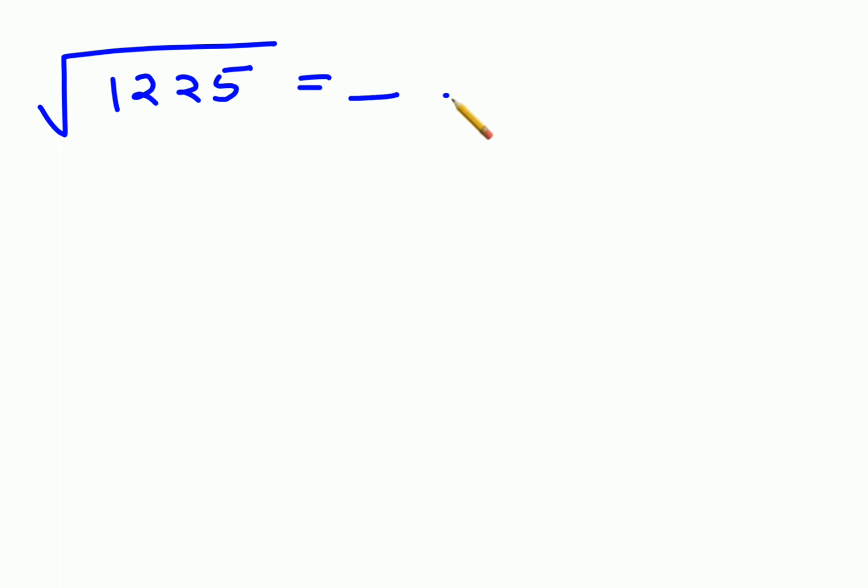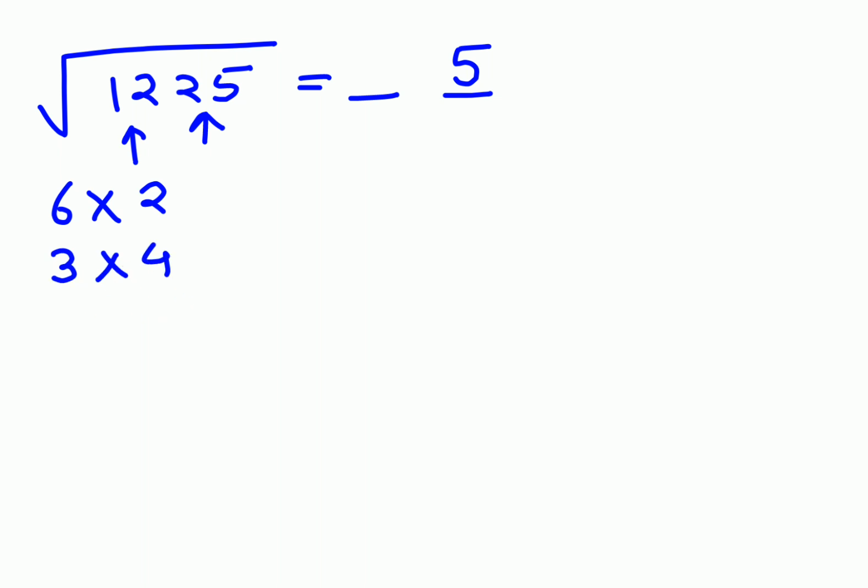So let's talk about it one more time. If we have 1225, again, like I said, the answer will get distributed into two terms. Here first, for 25, the square root of 25 is just 5. So that becomes the unit digit of your answer. And for this one, we can write 12 as 6 into 2, or as 3 into 4, or simply as 1 into 12.